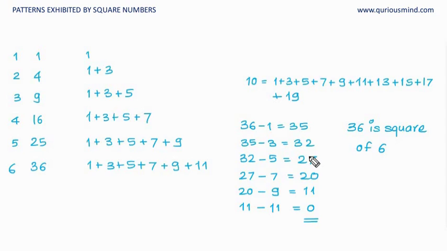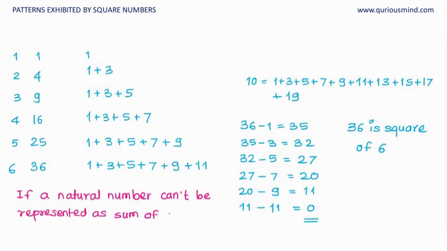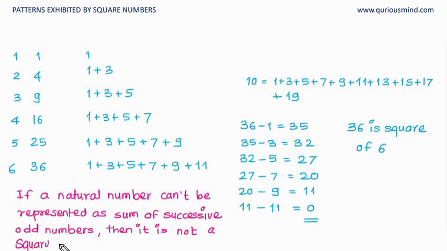So let's write this. If a natural number can't be represented as a sum of successive odd numbers, then it is not a perfect square. So this pattern is not just a pattern, it also gives us a rule.